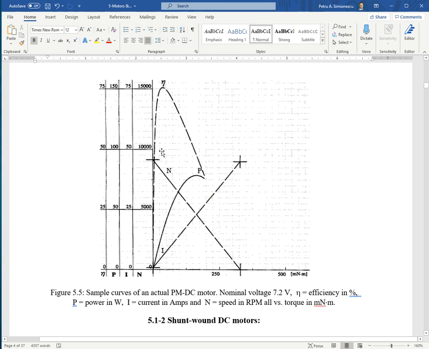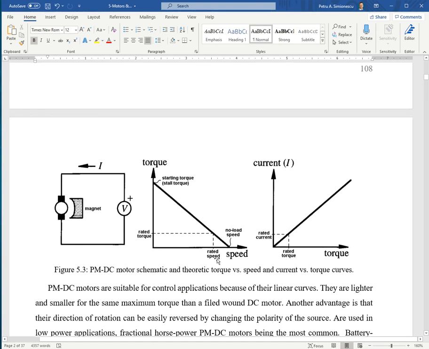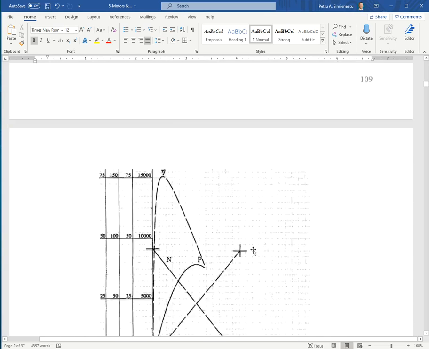So if you want to maximize, for steady state operation, the use of battery power, or converting battery power into mechanical power, you should consider operating the motor at its maximum efficiency, and that should also coincide with operating at the rated speed and the rated torque for the motor.